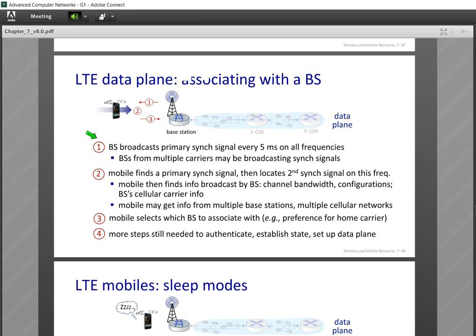It has 4 steps. The first step is that the base station broadcasts some signals every 5 milliseconds over the whole frequencies. Okay.